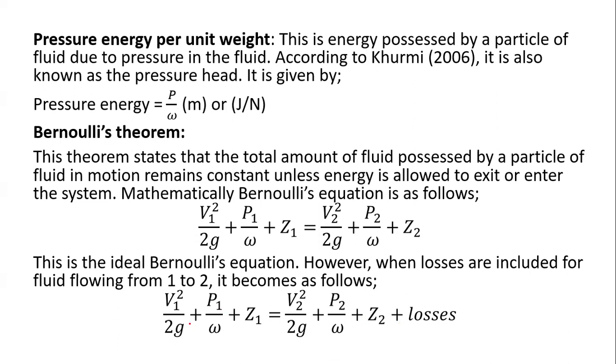So in section 1, we have the energy as a result of velocity, which is kinetic energy, v1 squared over 2g, plus p1 over omega, plus z1, being equal to v2 squared over 2g plus p2 over omega plus z2, plus the losses. Here you may have the total energy that entered in, but before you get to section 2, you may experience a number of losses in between.